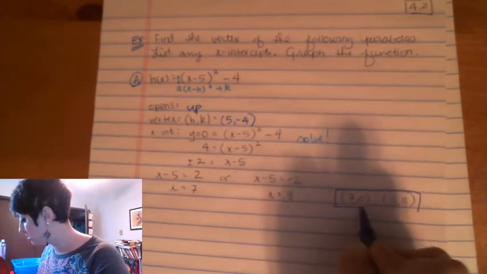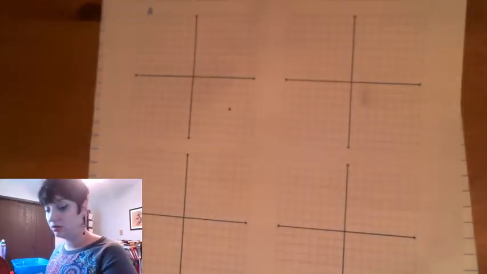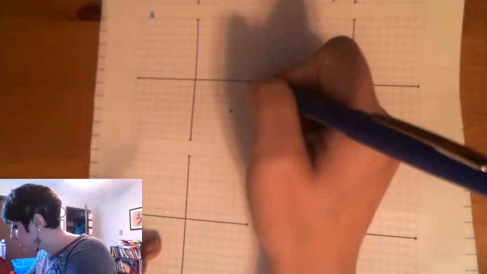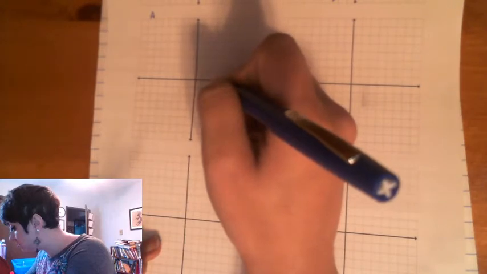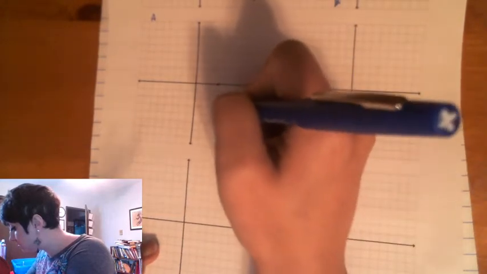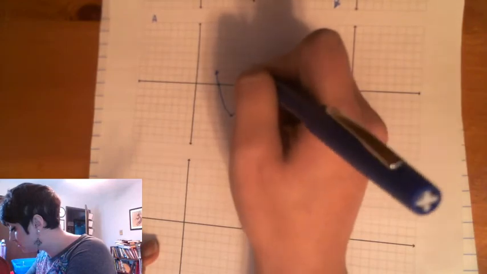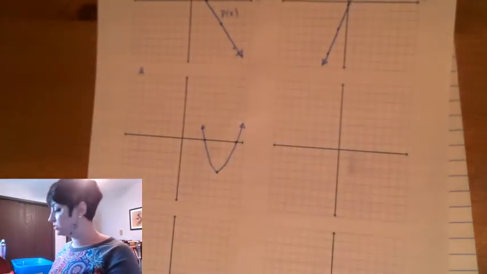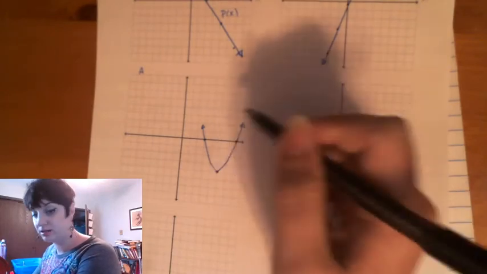Okay. Now that I have that, I can go back to my picture. (7, 0) and (3, 0). And these were equally far from the vertex, right? So I've got this line of what we call line of symmetry.